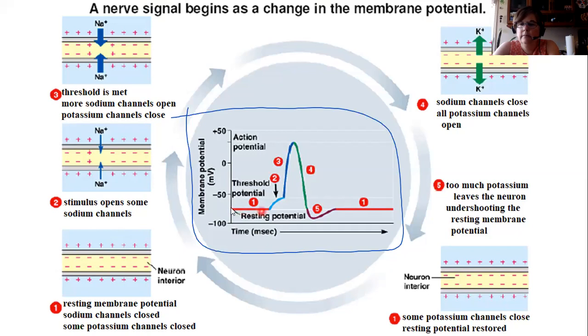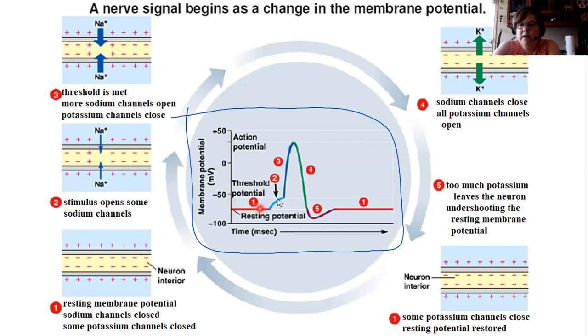Okay, this is our resting membrane. It's resting. The only channels that are open are the potassium channels. Okay, so the potassium channels are open here.